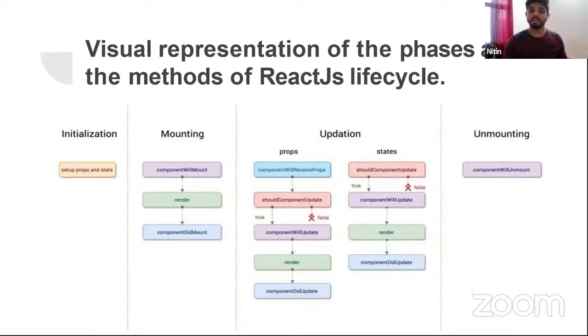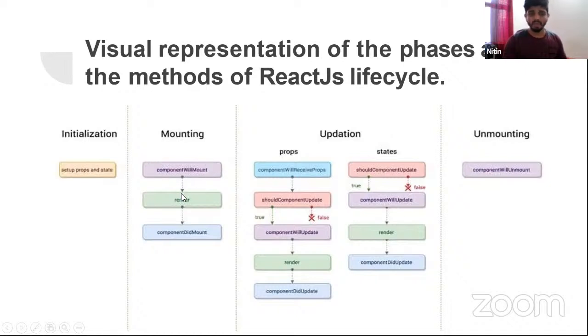But in React version 16 it was deprecated. So you should not use this unless very necessary, because it is now a deprecated method. As a best practice, you should not use this.